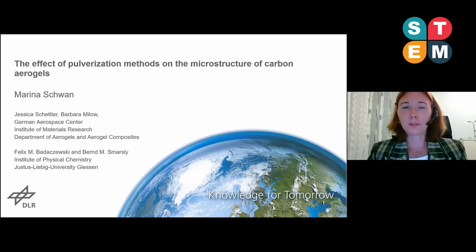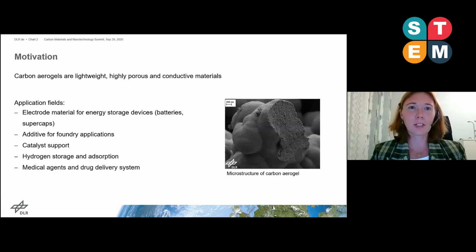First of all, for those of you who are not familiar with aerogels, aerogels are solid materials with a highly porous structure. The pore structure is an open structure, so that the pores are connected between each other.